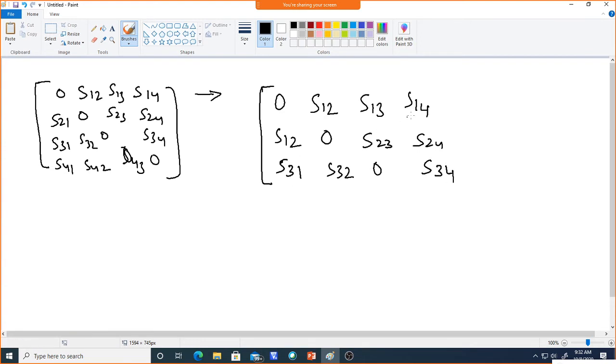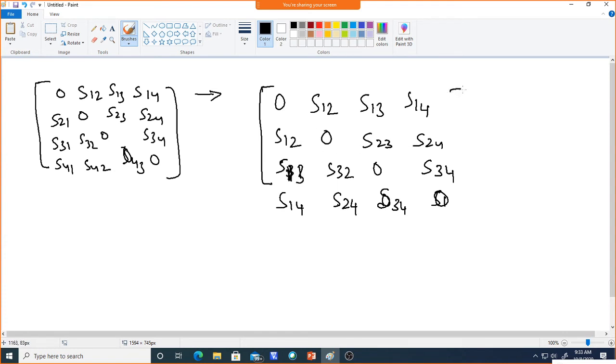Now S41, since the network is reciprocal, you can write it as S14, and similarly S42 you can write as S24, and this is 0, so you can write this one as S34 itself, since it is reciprocal and these are equal elements. And this you can write as S13.